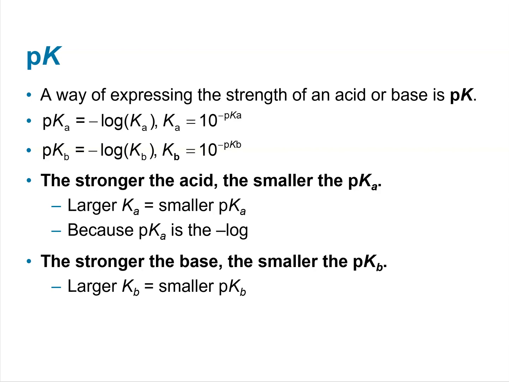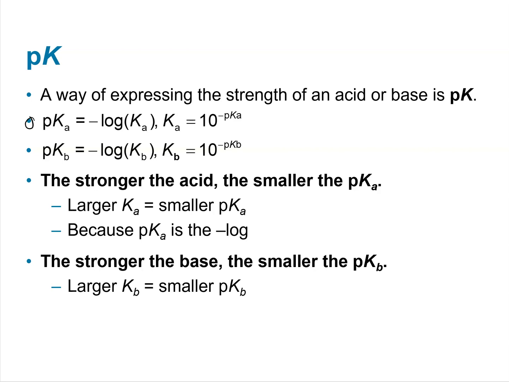So pK is just another way of describing relative acidic or basic strength. And so pKa is just the negative log of Ka. Pretty straightforward. pKb is the negative log of Kb. And so generally what this means is the stronger the acid, which would have a larger Ka, the smaller the pKa.